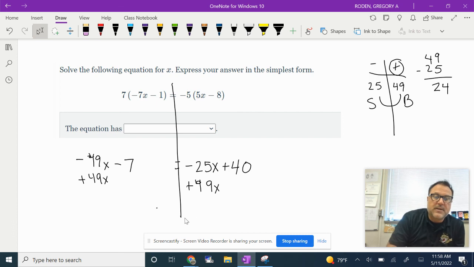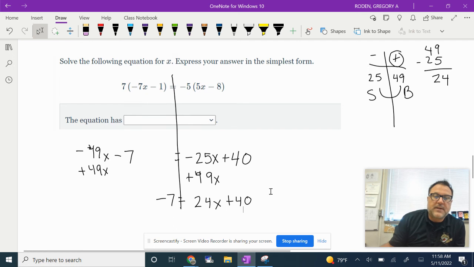This becomes negative 7 here and equals, let's see here. What do we get here? We get 24x, because there was an x with that, plus 40.